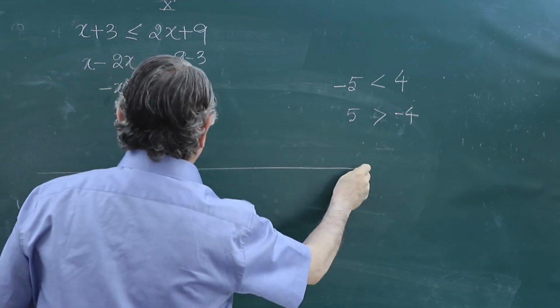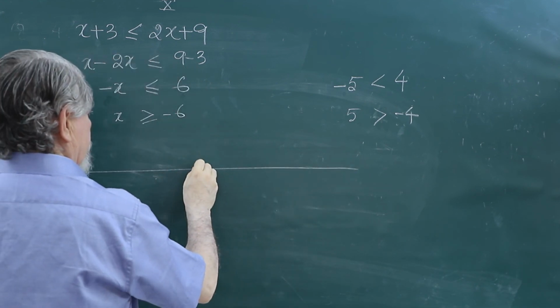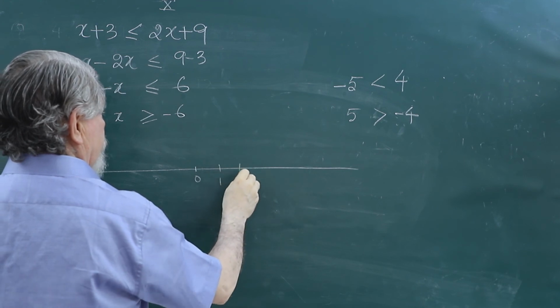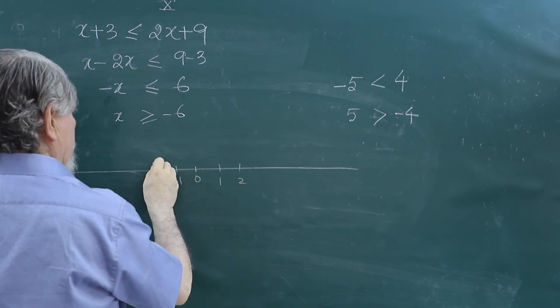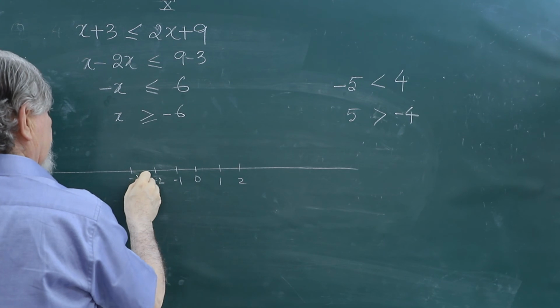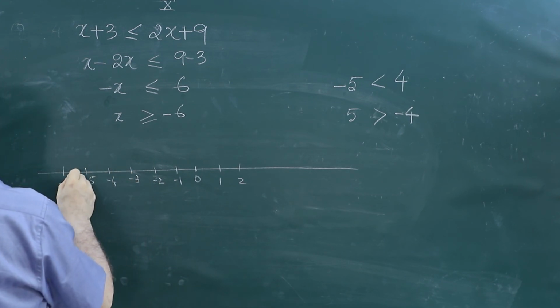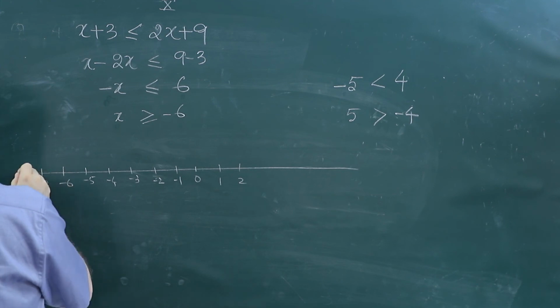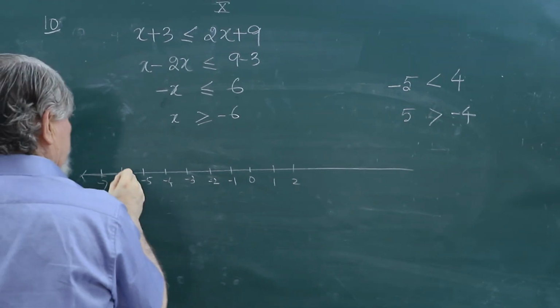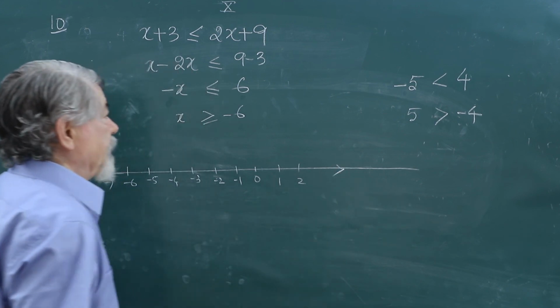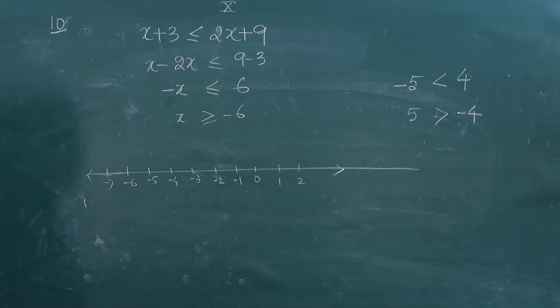So let's draw 0, 1, 2, minus 1, minus 2, minus 3, minus 4, minus 5, minus 6 and minus 7, going to infinity on this side. x is greater than or equal to minus 6.